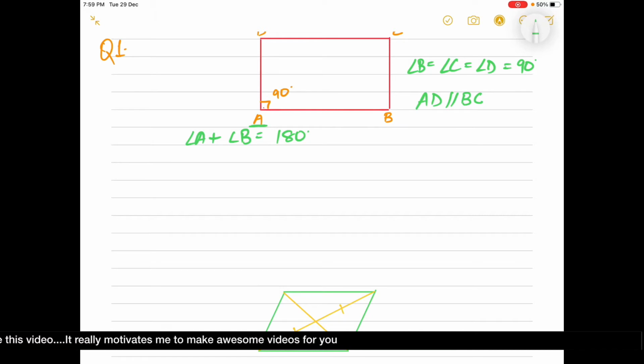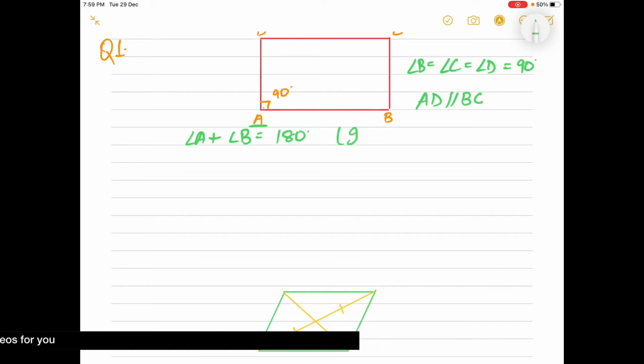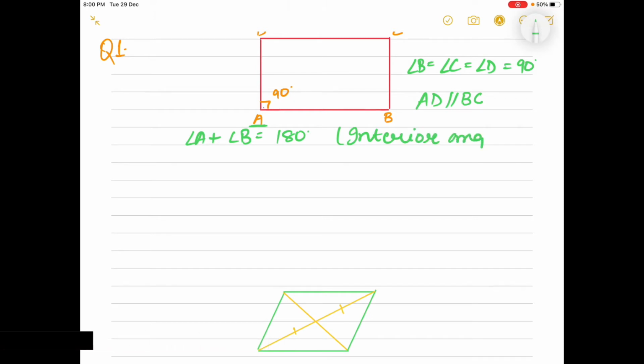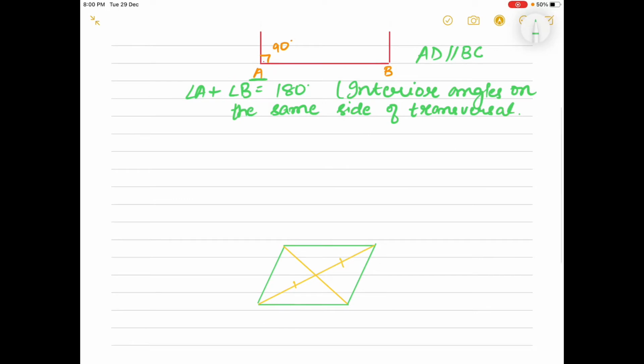How are these two angles 180 degree? These are interior angles on the same side of the transversal. And as these two angles are equal to 180 degree, each angle will be 90 degree.